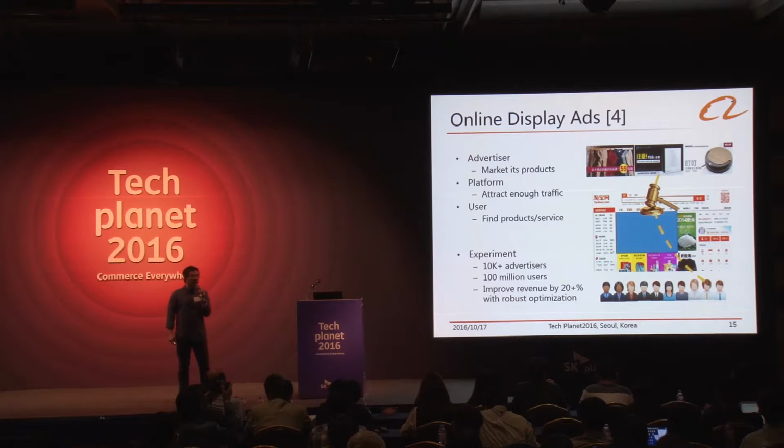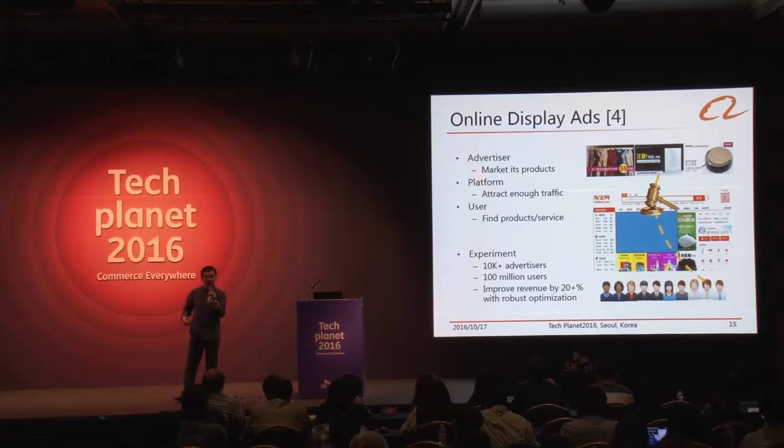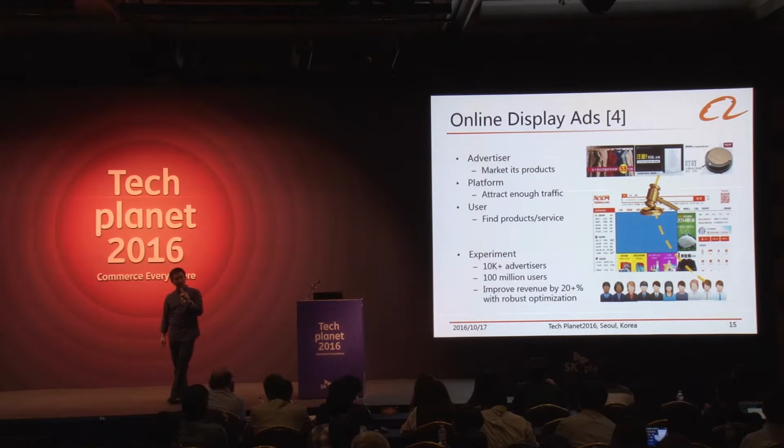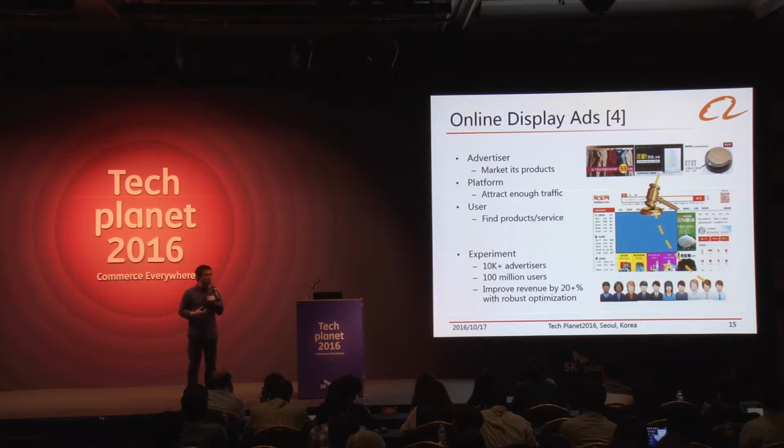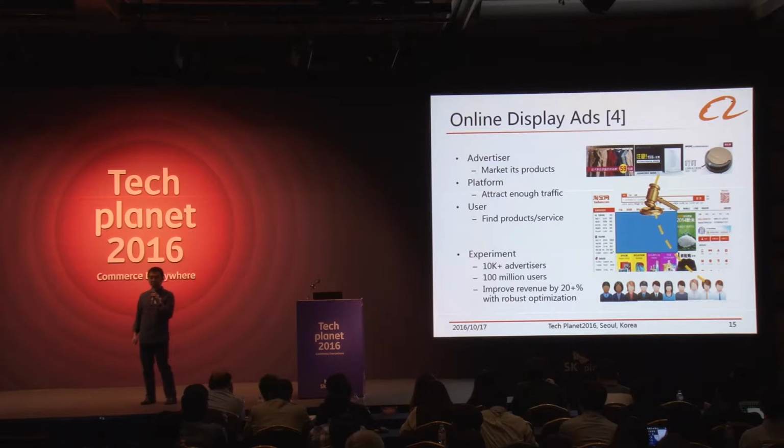Basically, we're running against 10,000 different advertisers. We have over 100 million users. In experiments, we find that by taking into account the uncertainty of those rewards, you can dramatically improve your revenue in advertisement, in this case by 20%.